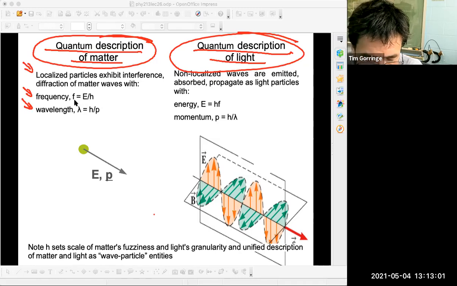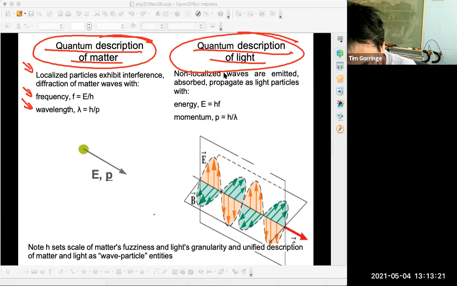So this is the relationship between the frequency and the energy of a particle, the wavelength and the momentum of a particle in quantum physics. And so this is an important ingredient in Bohr's model of atoms.